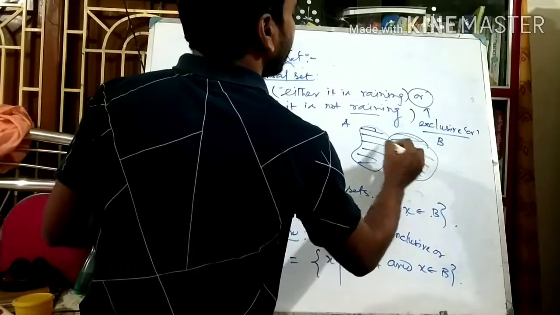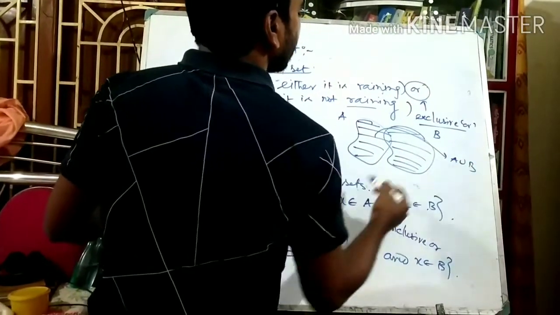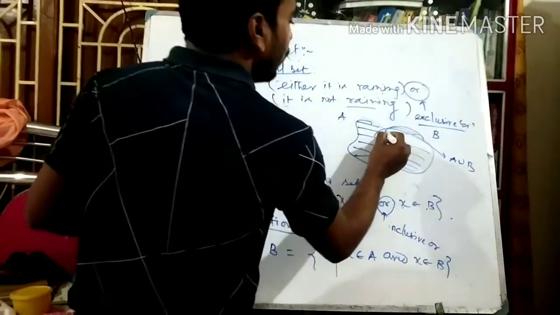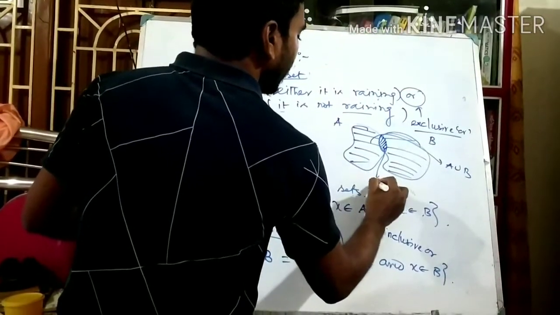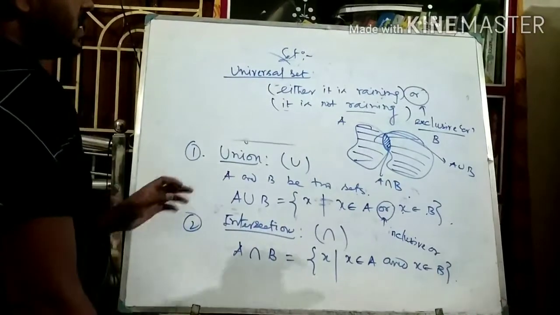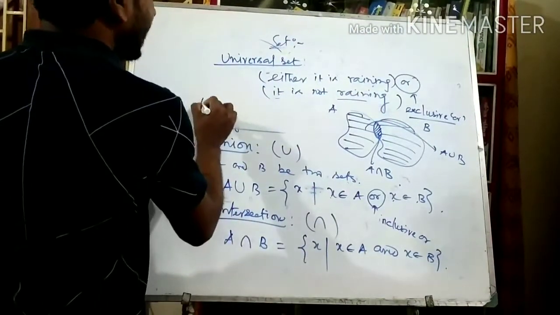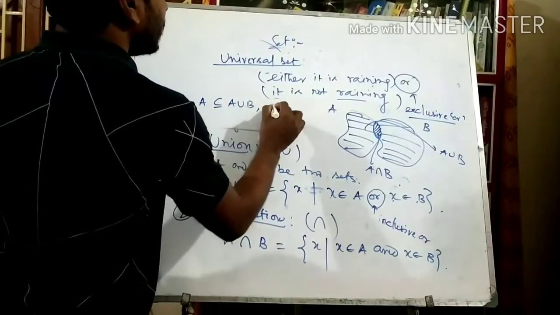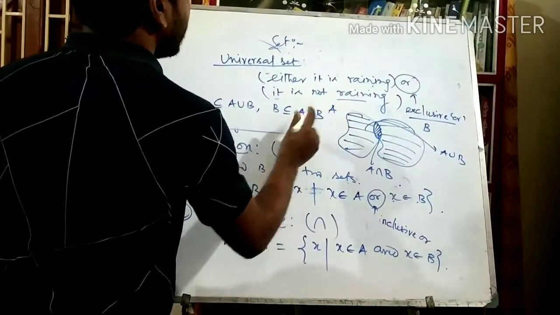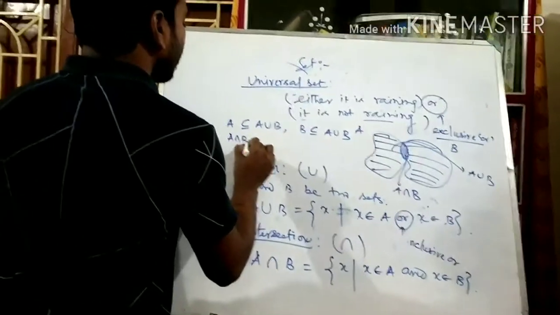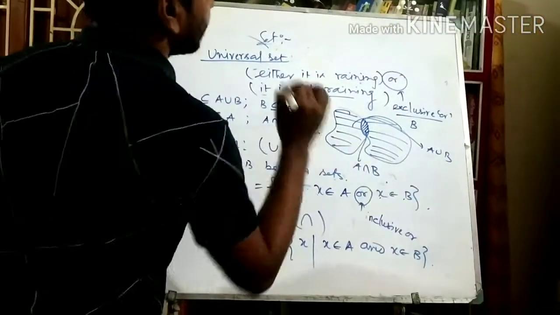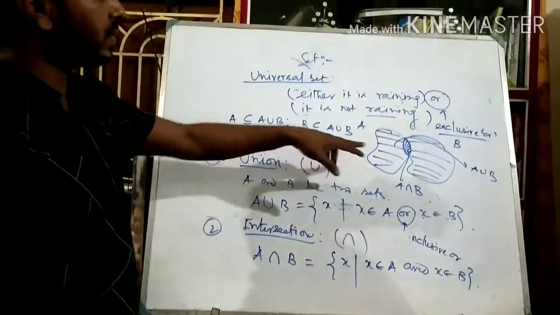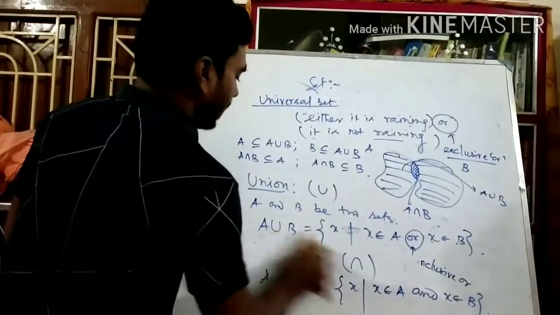This is my A union B. But A intersection B will be the common portion of these two sets, and this portion is the A intersection B. So it is clear from this picture that A is a subset of A union B, B is a subset of A union B, again A intersection B is a subset of A, and A intersection B is a subset of B. So these four things are clear from this picture. Okay.